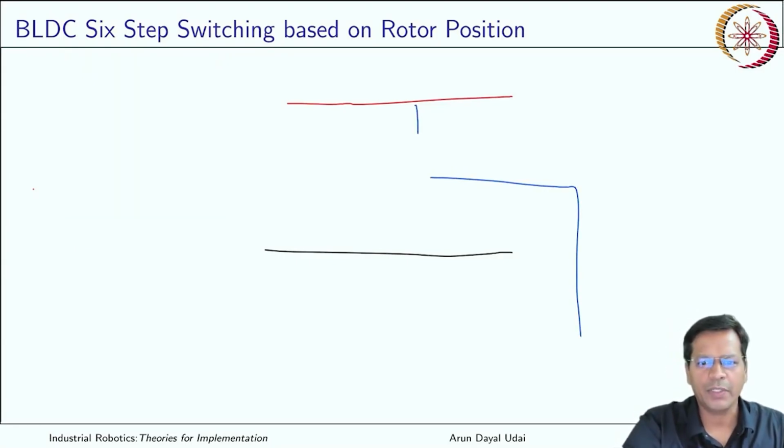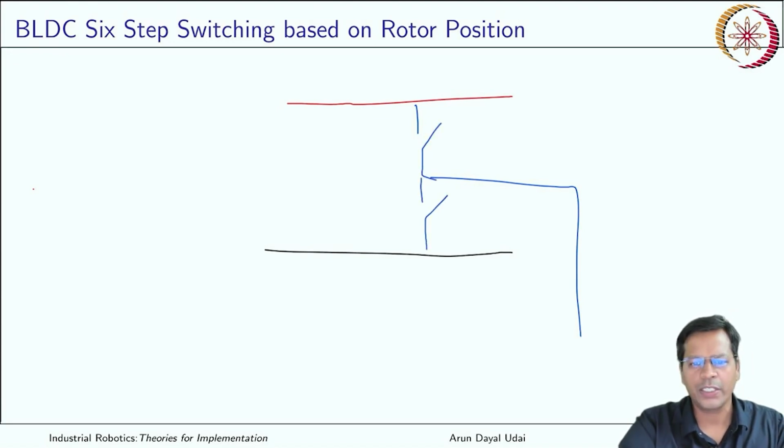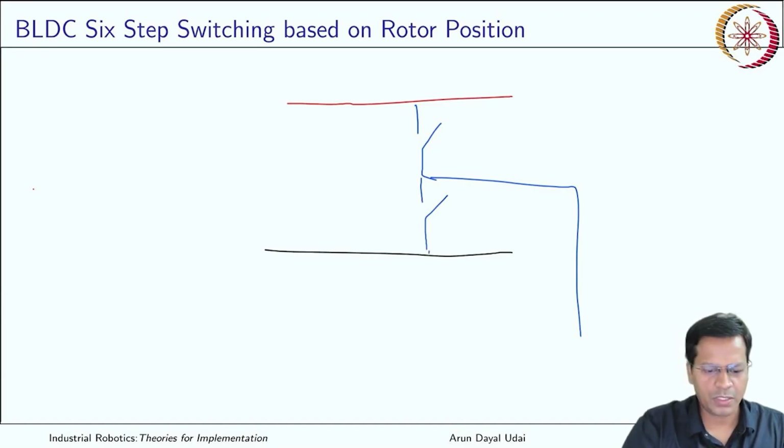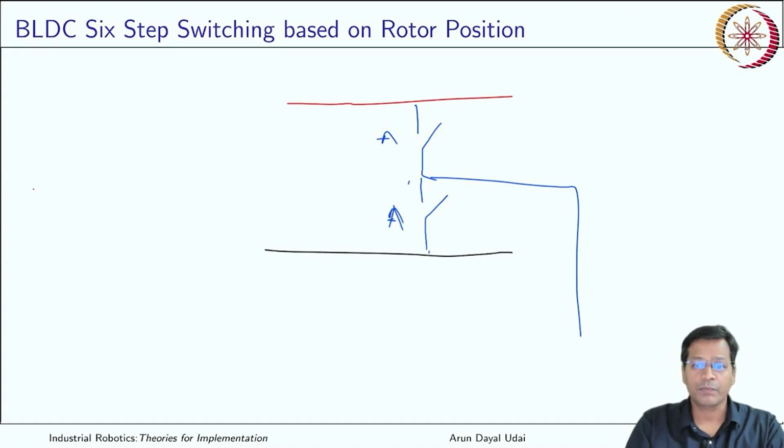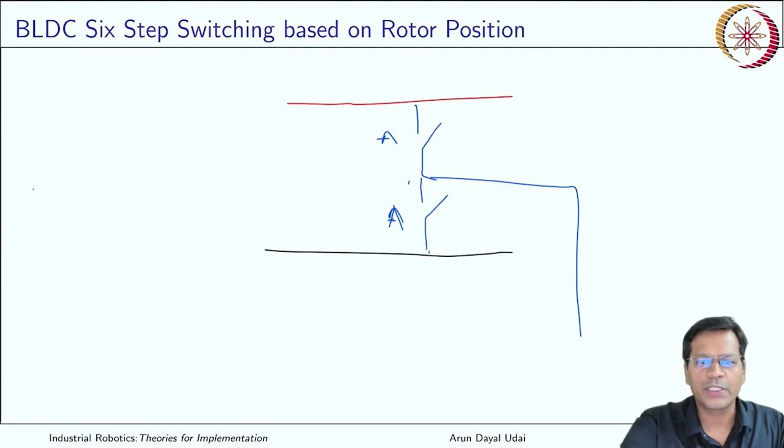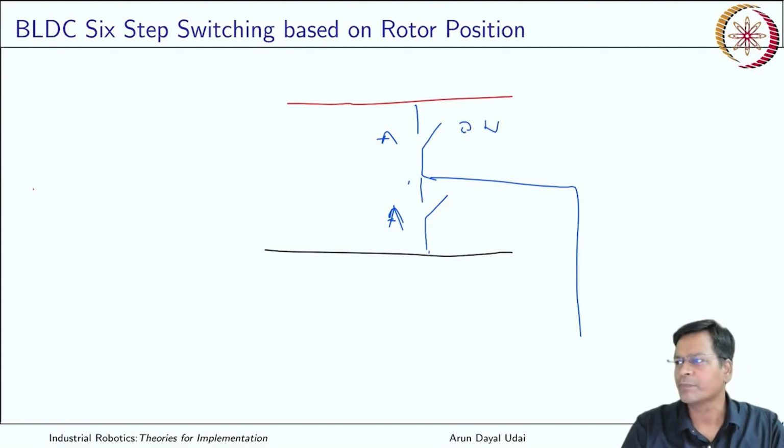If you have an alternative which is like this, there is a switch here, there is another switch which is here. This you may call A and A bar. So what will happen, you see? If you switch this one on, what will happen?